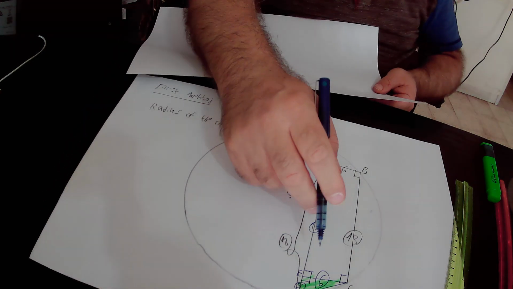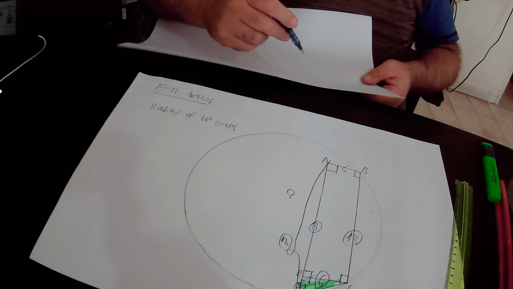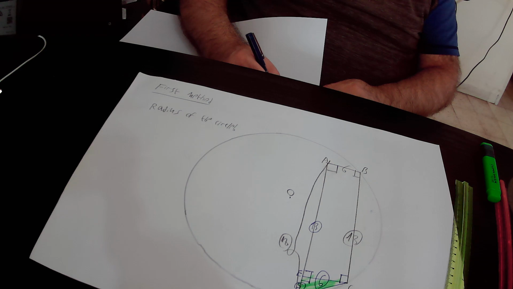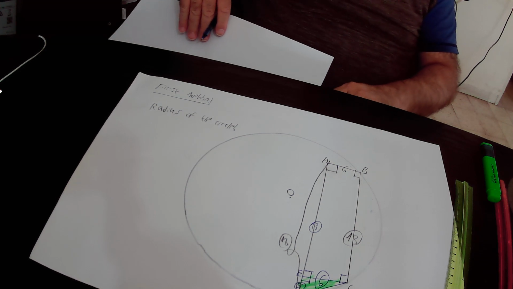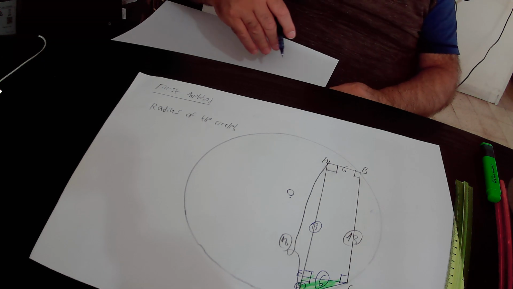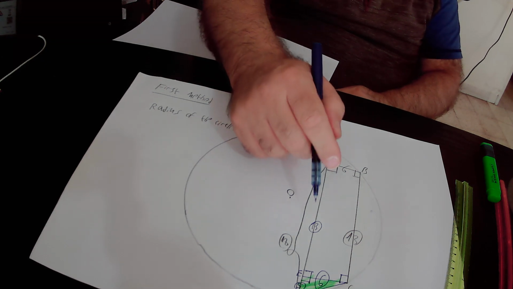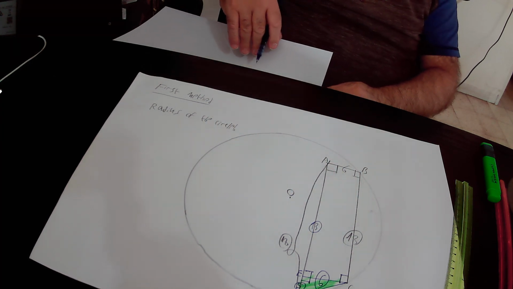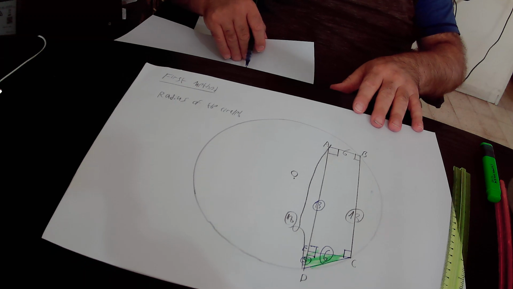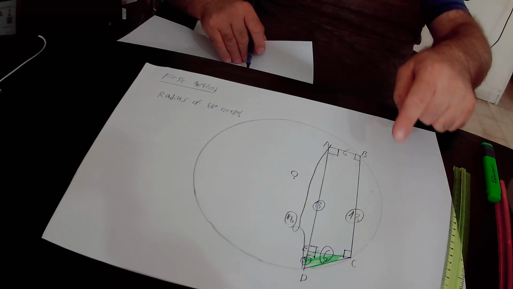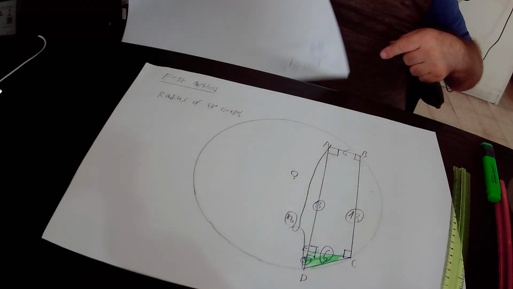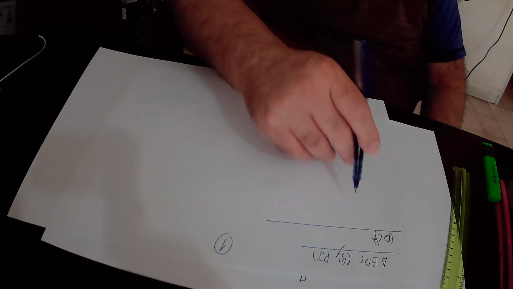The hypotenuse in the green triangle is DC, therefore the square of the hypotenuse is DC squared. And it must be equal to the sum of the squares of the perpendiculars, that is to say, EC squared plus ED squared.